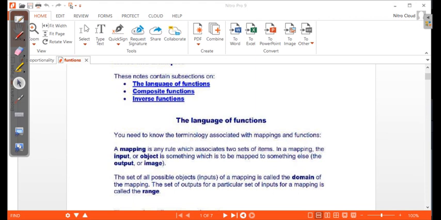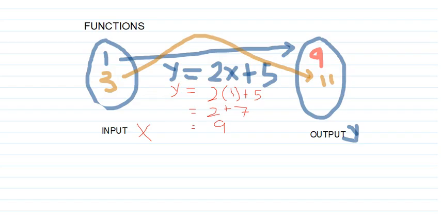Basically, what we mean here is that all these values which we call the input are the same as the domain. This is now the language of functions. Instead of using the term input, we can use the term domain.